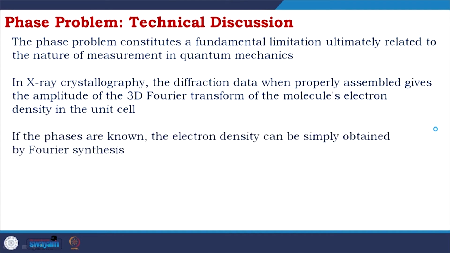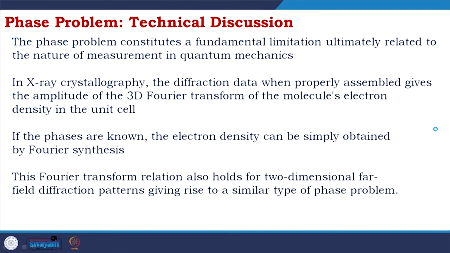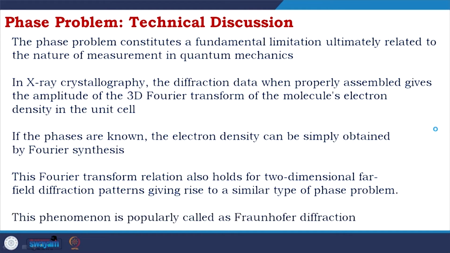If the phases are known, the electron density can be simply obtained by Fourier synthesis. This Fourier transform relation also holds for two-dimensional far-field diffraction patterns, giving rise to a similar type of phase problem. This two-dimensional phenomenon is popularly called Fraunhofer diffraction.